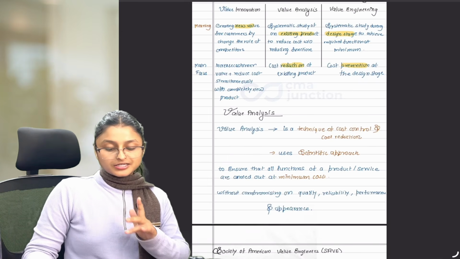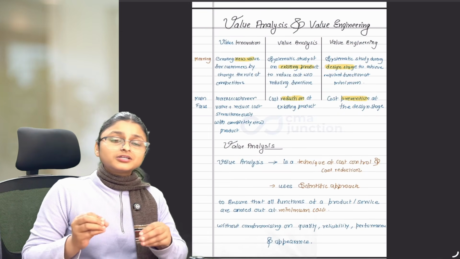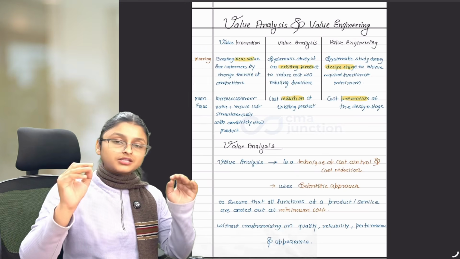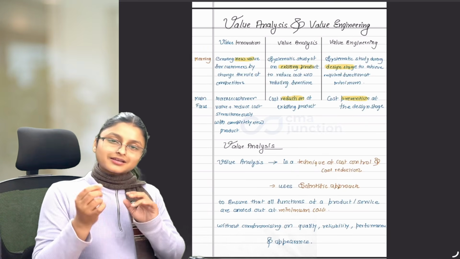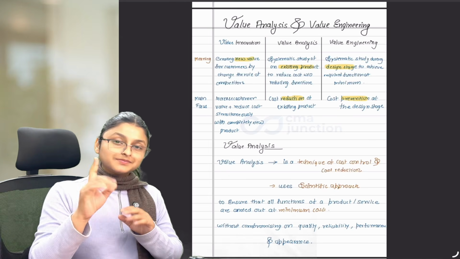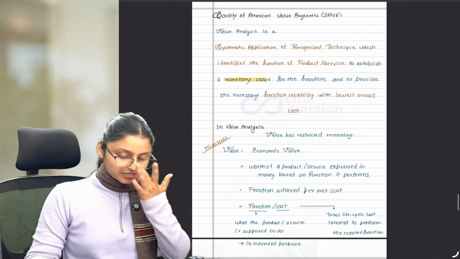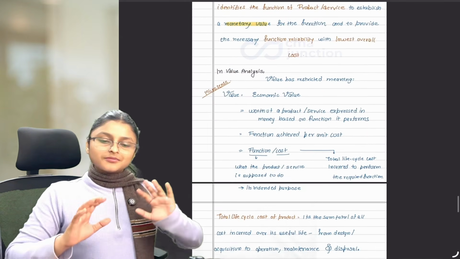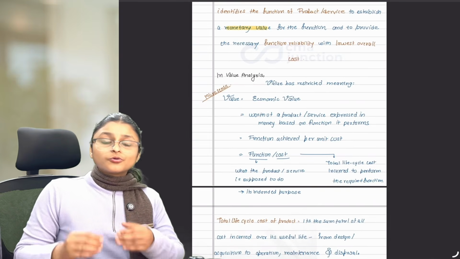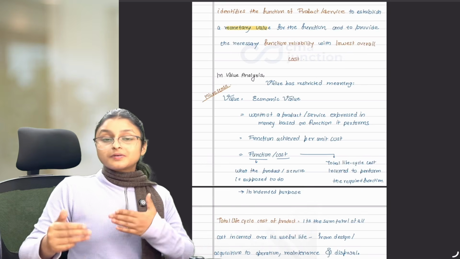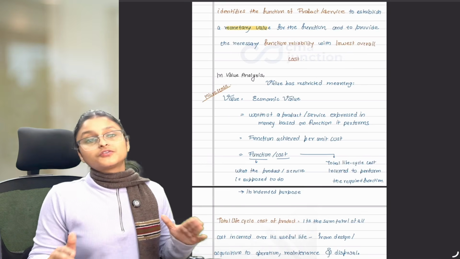After this one-time effort, it will be a lot easier for you to revise everything from chapter number 1. So let's make sure that we put in the effort required for one time. In theory subjects, you need to write a lot of theory. But it's okay. If you have written it once, you'll be able to revise the whole chapter in 10 minutes just by opening your summary book. You need not refer to anything else.